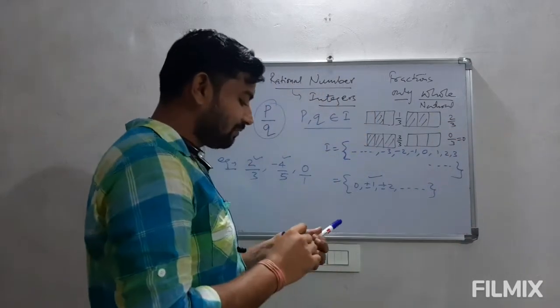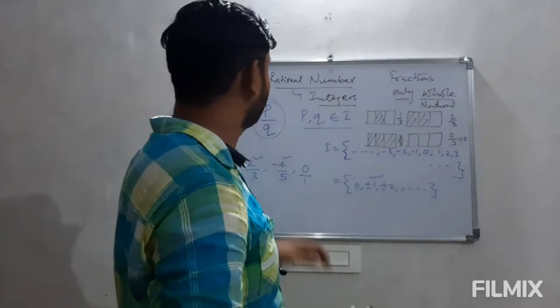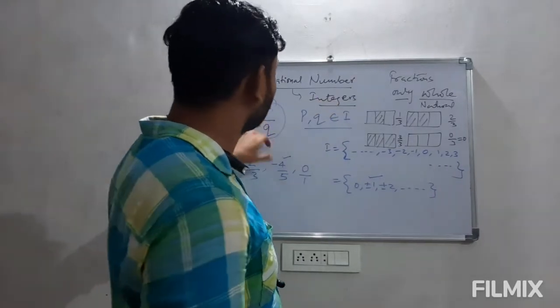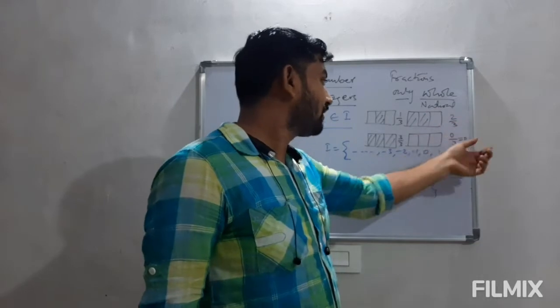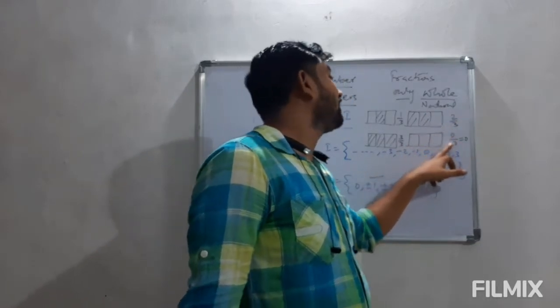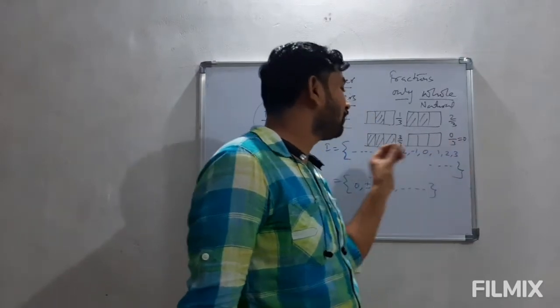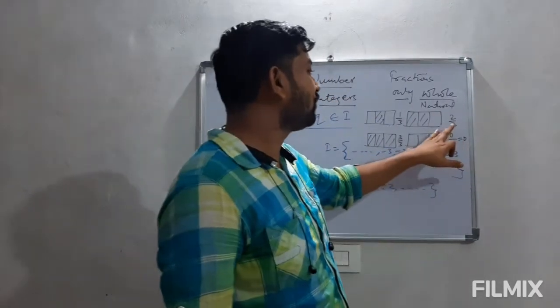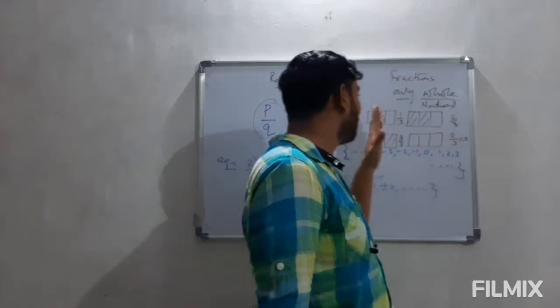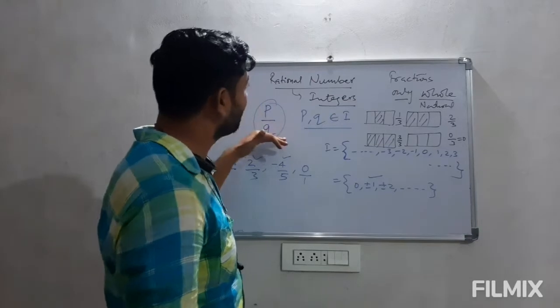So we can say that when we write a fraction in the form of p upon q, the value of p in the case of a fraction will be either 0 or a natural number, that is from 1 to infinity. Here 0 can only be taken as the numerator, meaning q not equal to 0 is also valid in a fraction.